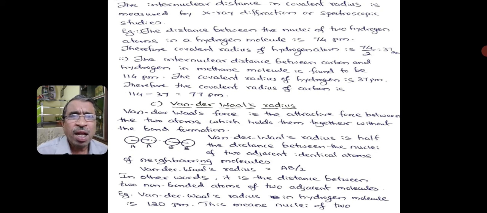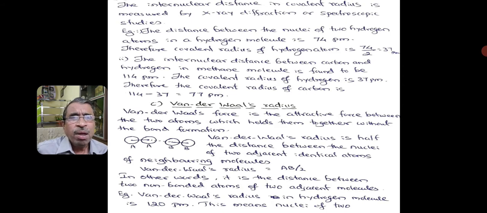If I consider an A2 molecule and a B2 molecule, van der Waals radius is AB upon 2. In other words, it is the distance between the two non-bonded atoms of two adjacent molecules held together by van der Waals force of attraction.